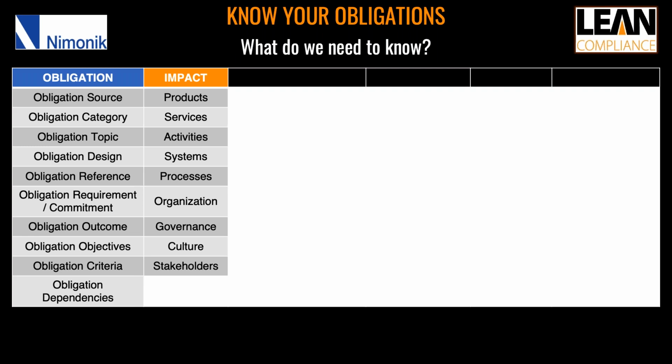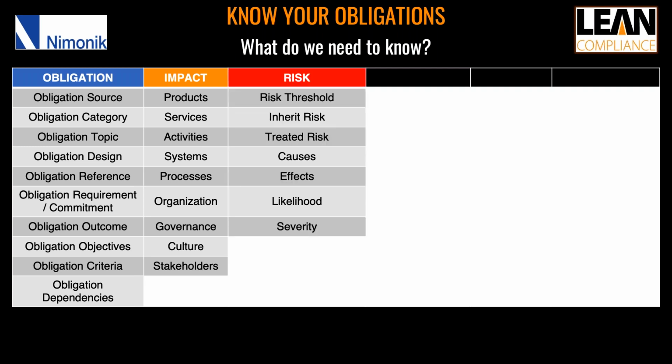Are we organized to actually meet our obligations? And the way we govern, is our culture appropriate? Or do we have the right culture to do this? And how does it impact our stakeholders? Okay, so those are impact questions that we need to understand.